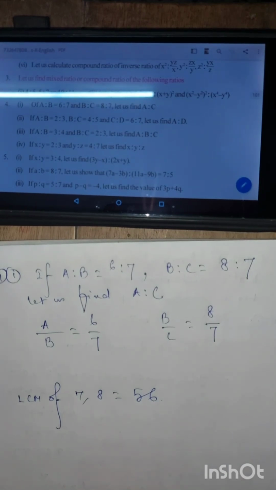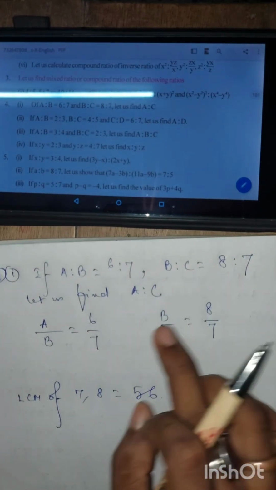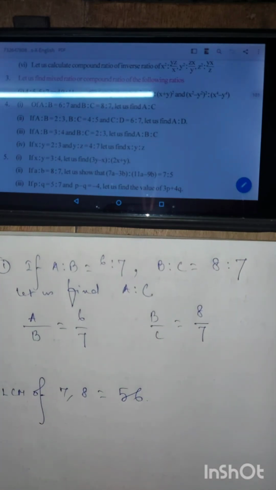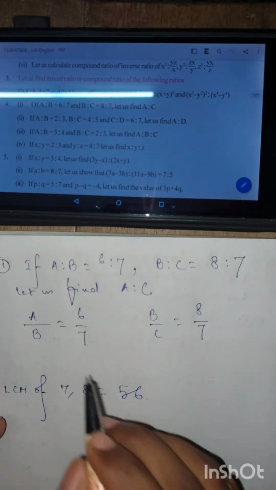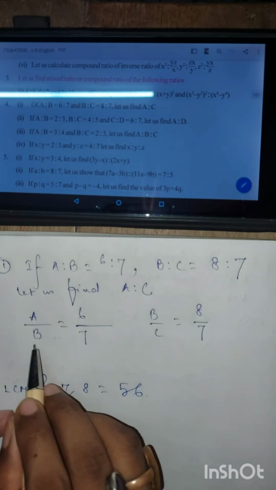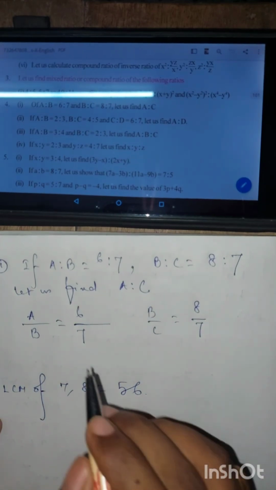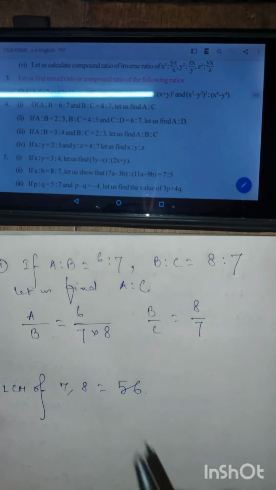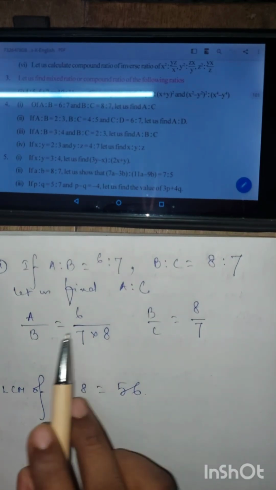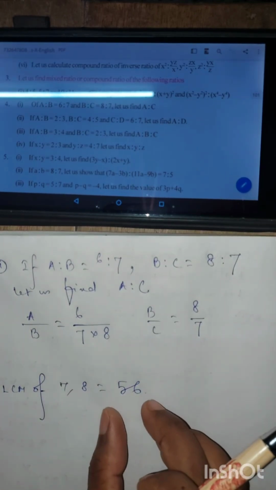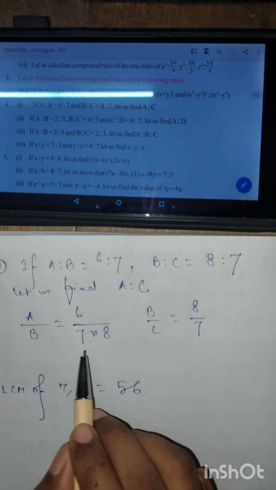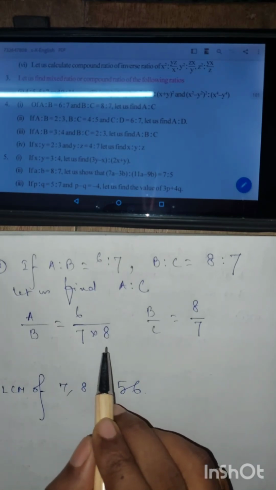So we are going to make these two terms 56. So to make B 56, we need to multiply 7 by 8. We are forcefully making B 56. Okay. So we need to multiply the denominator by 8.